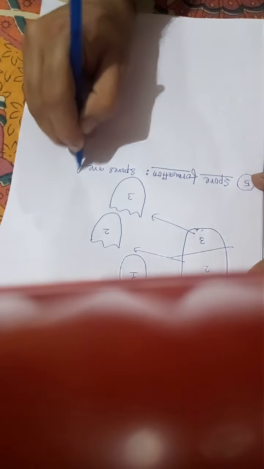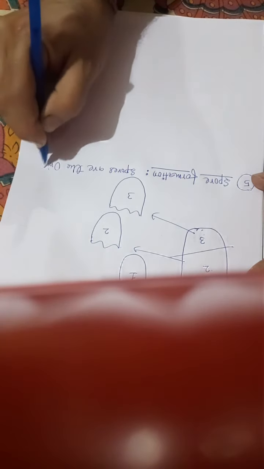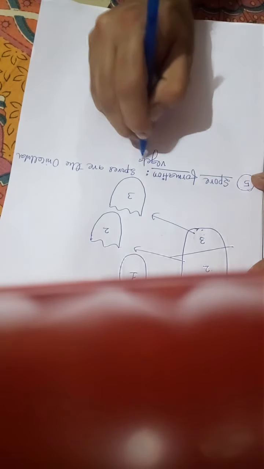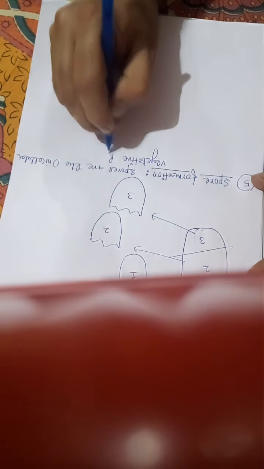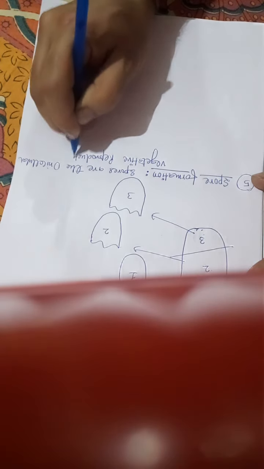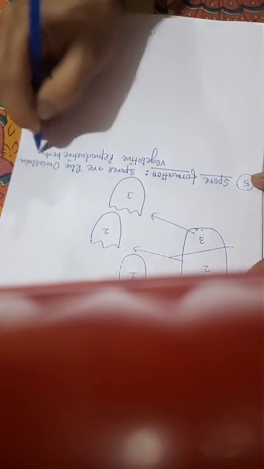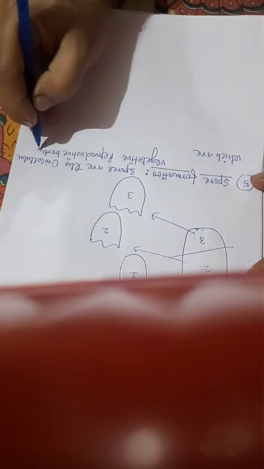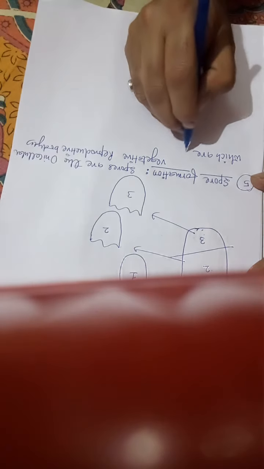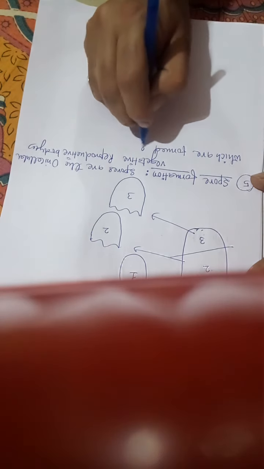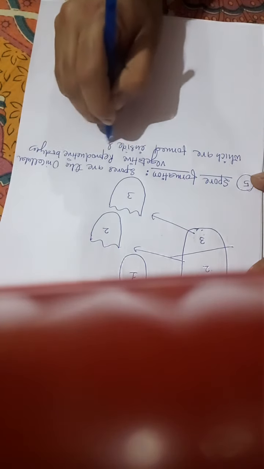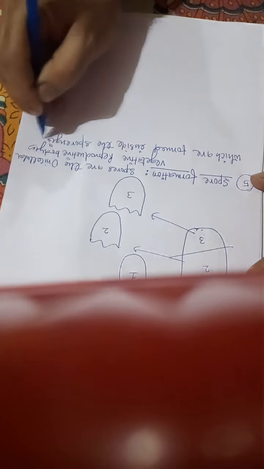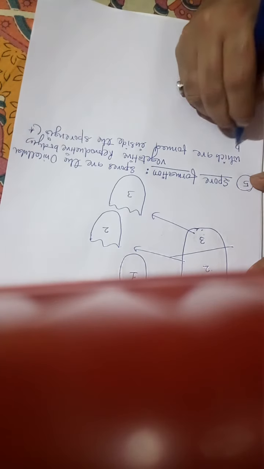Spores are unicellular vegetative reproductive bodies which are formed inside the sporangia, a bag-like structure.